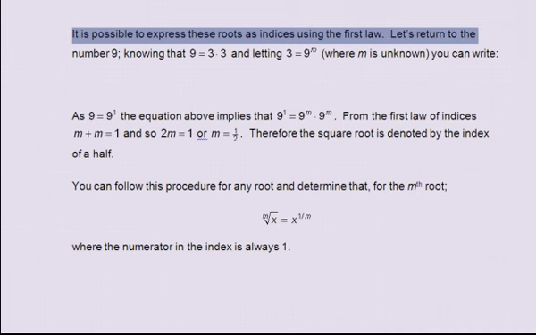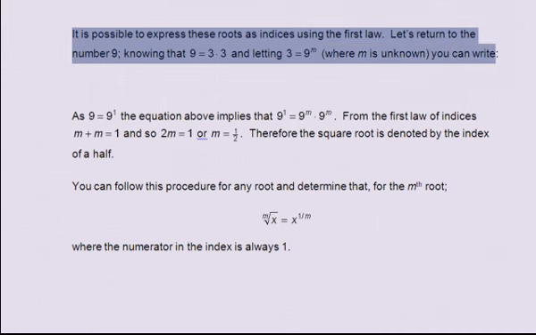Let's return to the number 9. Knowing that 9 equals 3 times 3 and letting 3 equal 9 to the power m, where m is unknown, you can write 9 equals 3 times 3 equals 9 to the power m multiplied by 9 to the power m.